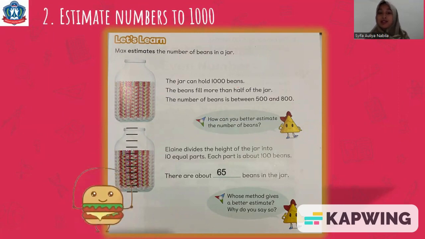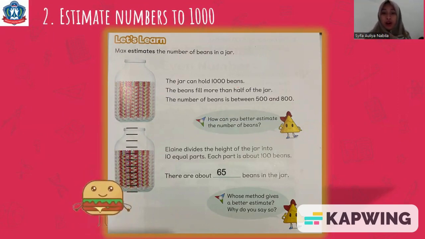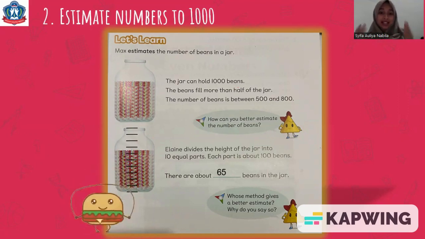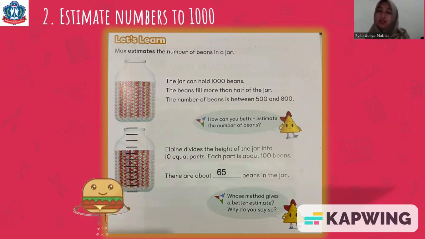So you can answer there are about 65 beans in the jar, or you can answer there are between 60 and 70 beans in the jar.